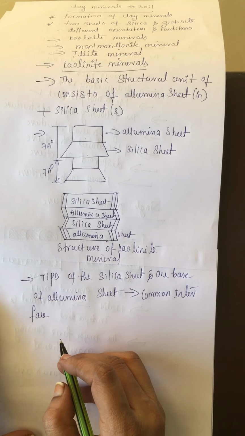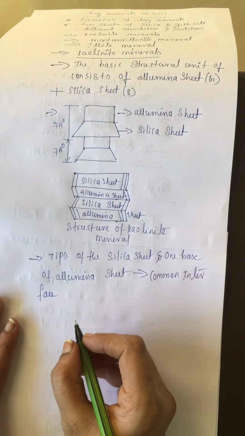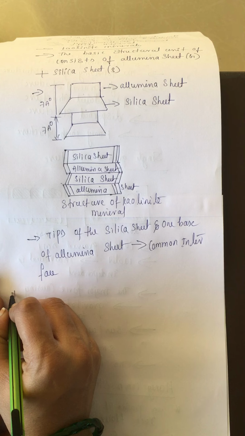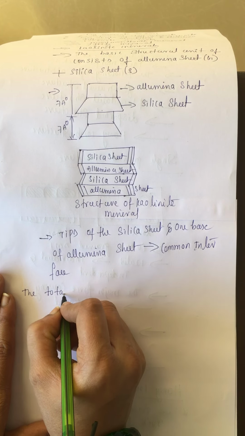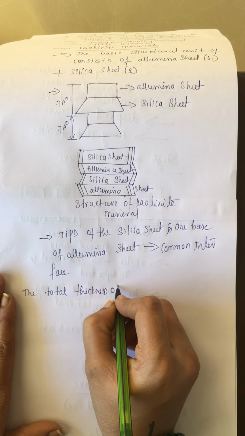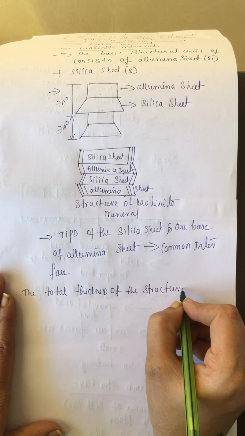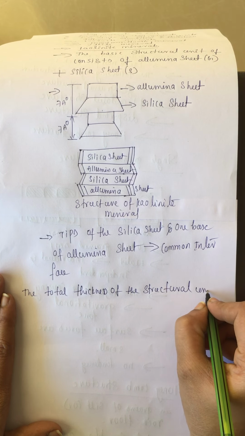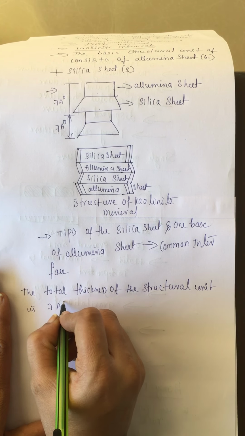So the total thickness of the structural unit is about 7 angstrom.